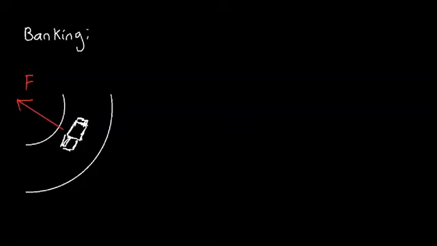But what happens when the static friction is not sufficient to provide the centripetal force, as in the case of a slippery road or high speed, or a tight curve where the radius of the curve is very small? Well, when this happens, the car will skid or slide out of the circular path into a more nearly straight path.